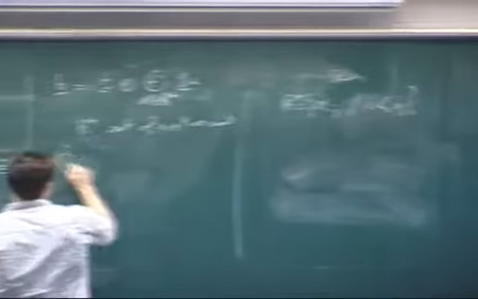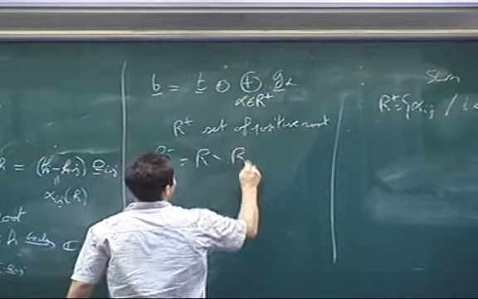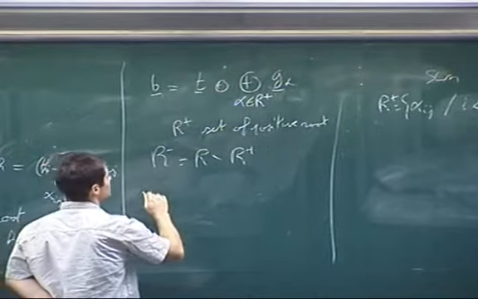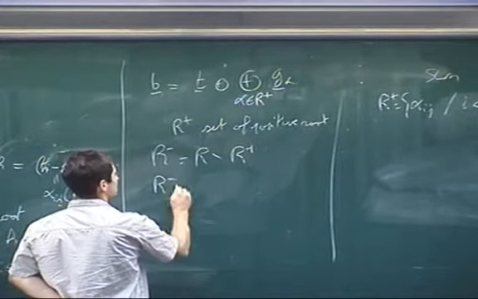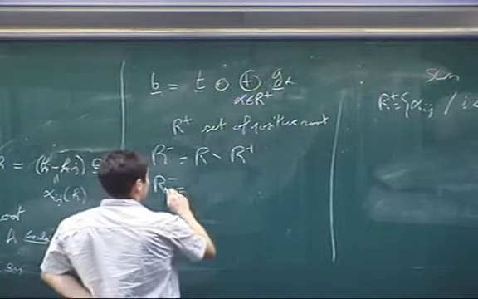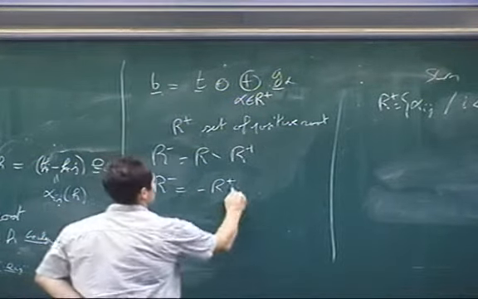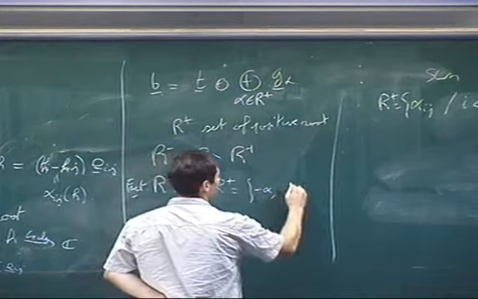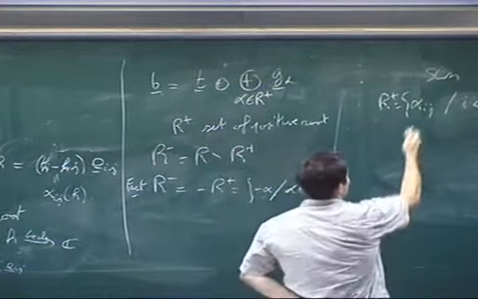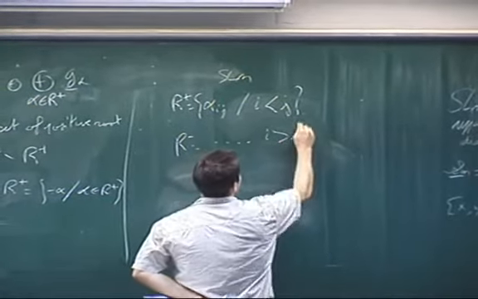And then we can denote by R-, the complement of R+. And a result is that R- is in fact minus R+. So it means minus α for α in R+. So here R- will be for i greater than j.